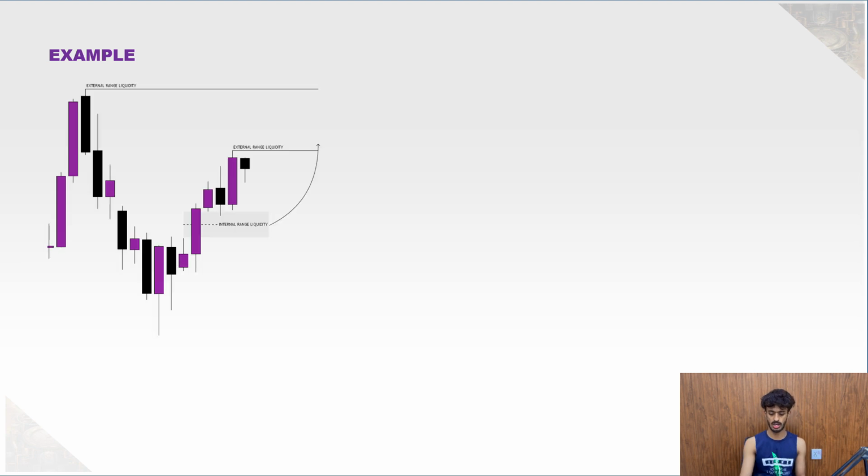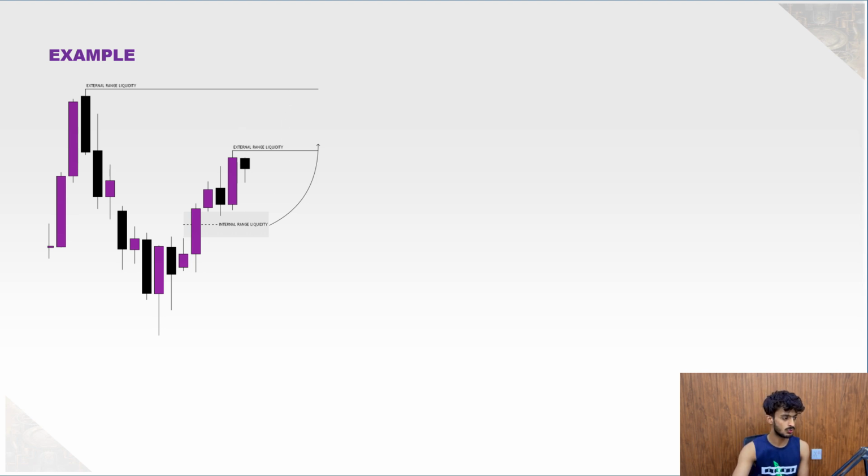Let's see just a little example. We are definitely going to move on to the charts, as we do in all videos. So, example number 1. We have this internal range liquidity. Now our turn is to take out these external range liquidity highs. With the internal range liquidity, we want to see price fill it and then take out these highs.